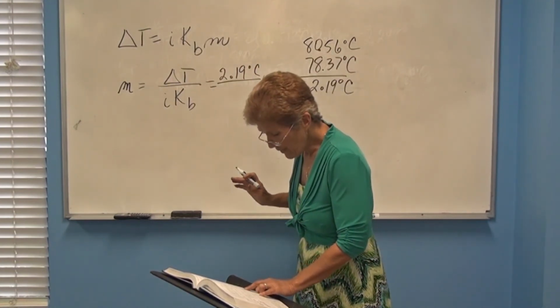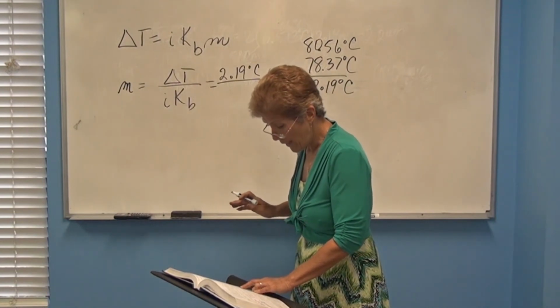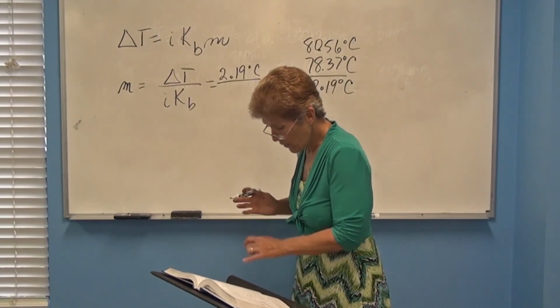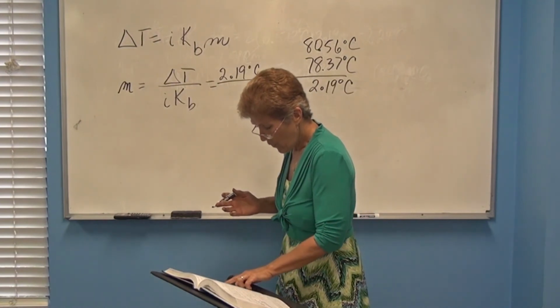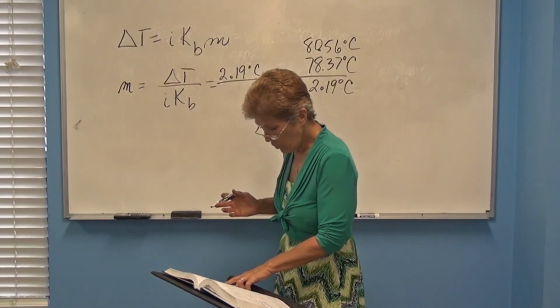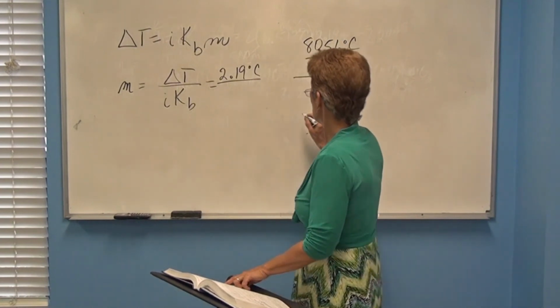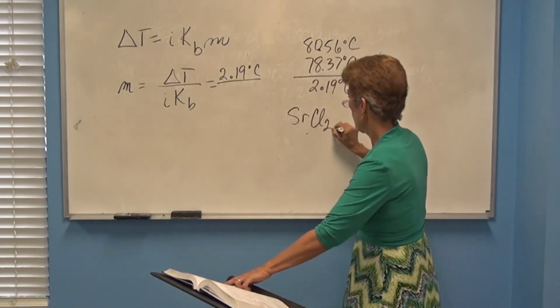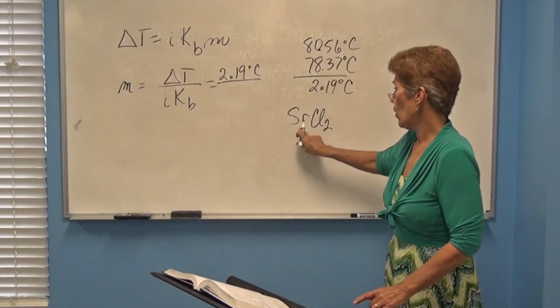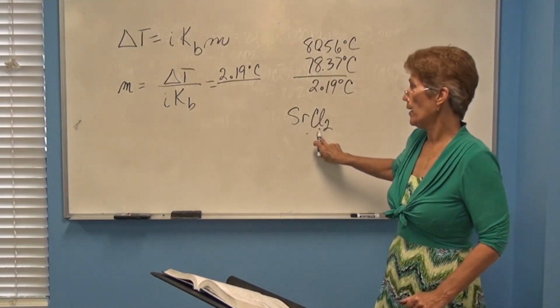Now, the next thing is we need to figure out i. We are dealing with the solution of strontium chloride. So i is going to be 1, 2, 3. There are 3 ions there.